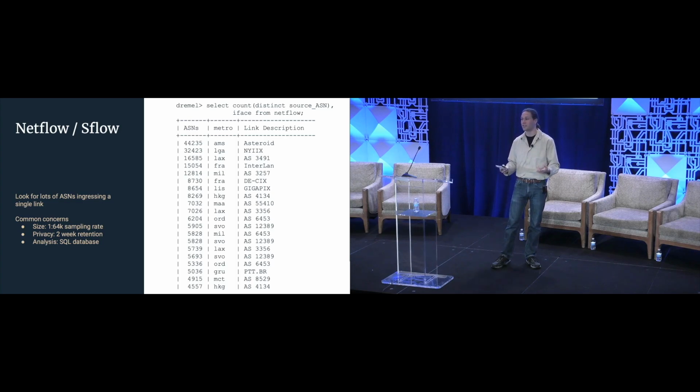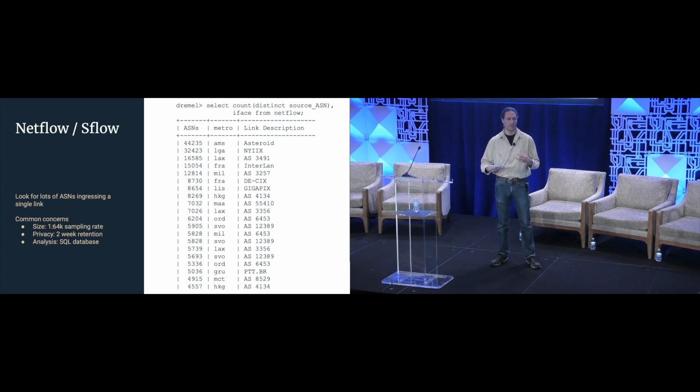But keep in mind, this can be sampled. So you can reduce the amount of data you have to receive. You can address privacy concerns with a two-week retention period. It's very rare for anybody to need you to trace an attack that happened more than a few days ago. And then analysis is also typically a problem. I recommend putting it into some sort of database. And there are open source solutions that allow for that.